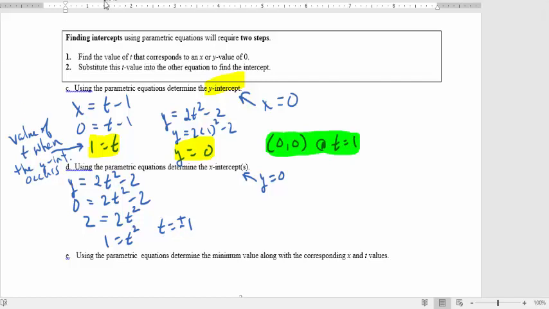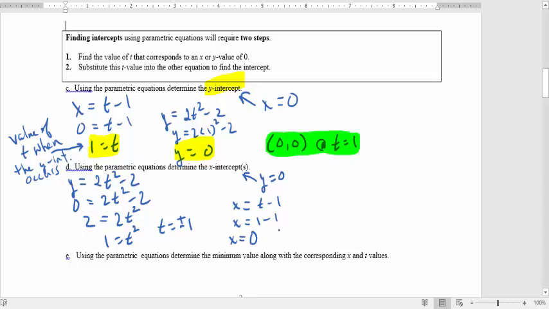Now you will take these t values and substitute them into the other equation, which in this case is the x equation, and solve for x. Take 1 in there, and I get x equals 1 minus 1, so x equals 0.